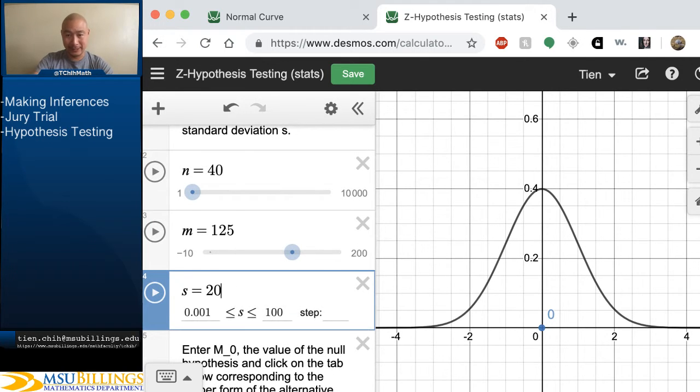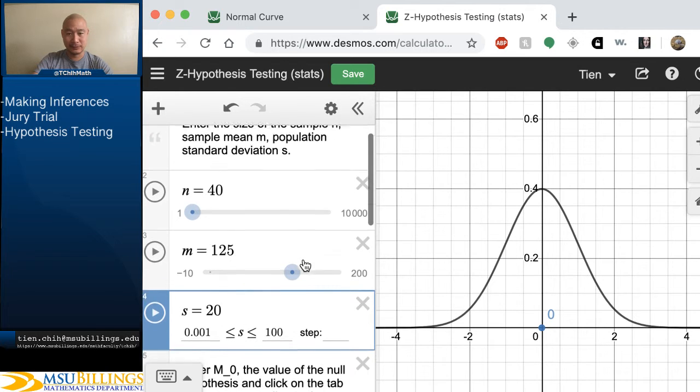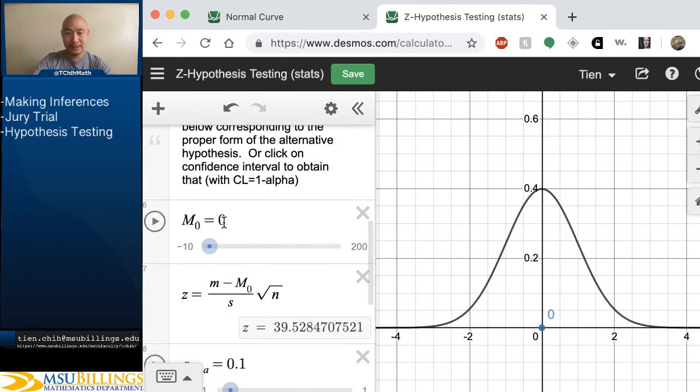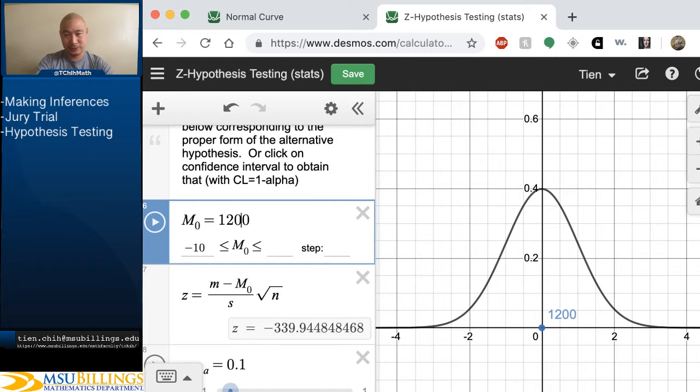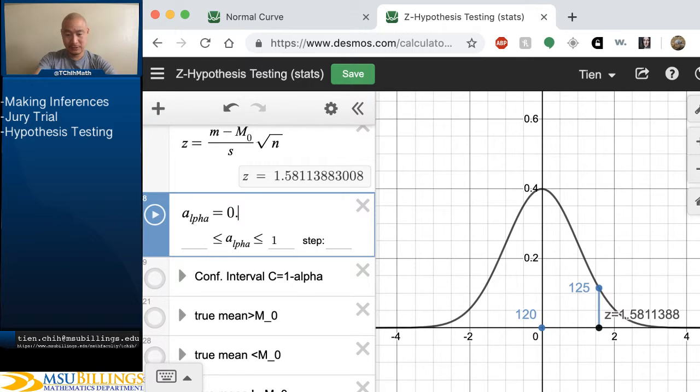Standard deviation 20. This is all information about the data that we were given. So in the first hypothesis, my claim is that the average weight of microelephants is greater than 120 pounds. We assume an alpha of 5%.